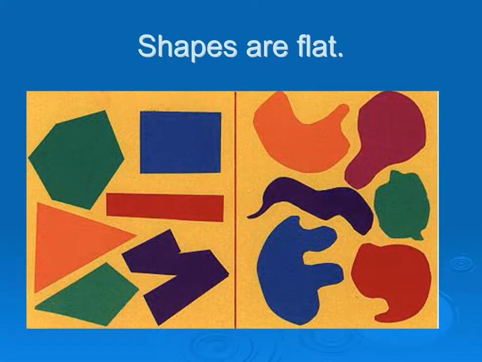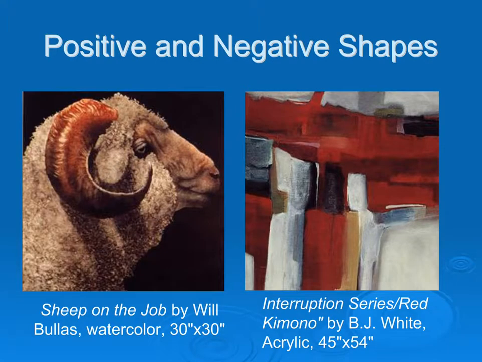When you think of organic shapes, think of leaves, animals, plants. Those are all organic. It's very rare that you are going to see rounded circle shapes in the rectilinear or geometric type of shapes.